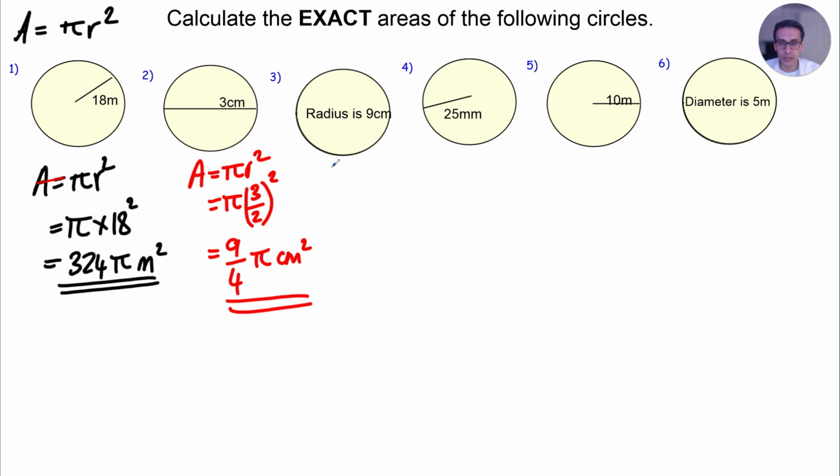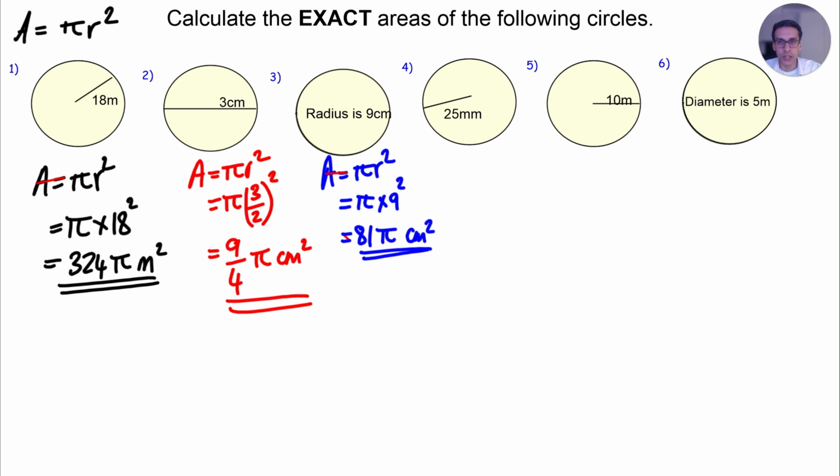Question 3, area equals pi r squared. So we can see that the radius is 9, so it's pi times 9 squared, which is 81, so it's 81 pi centimeters squared.